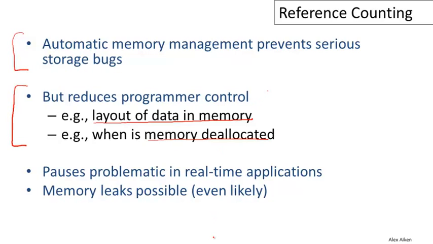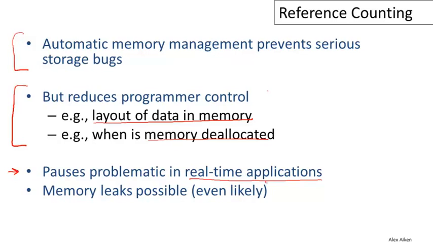But there are some other issues. So in real-time applications, the pauses can be problematic. So if you have a program that needs to meet guaranteed deadlines, many embedded systems that are interacting with the outside world, say controlling dangerous machinery and things like that, they have to have response times that are guaranteed to make sure that nothing terrible happens.